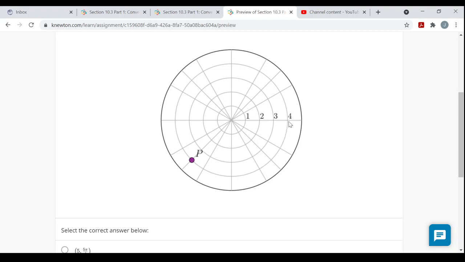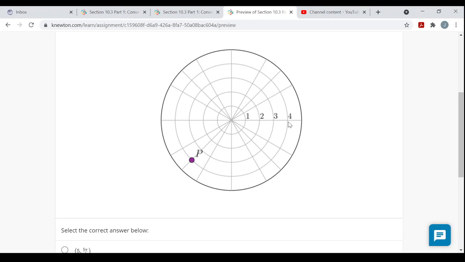So if I go clockwise, here's negative pi over 2, and then pi over 4 more negative. So that'd be negative 3 pi over 4. So I could use r equals 4 and then theta equals negative 3 pi over 4, and it would land me at the same position.